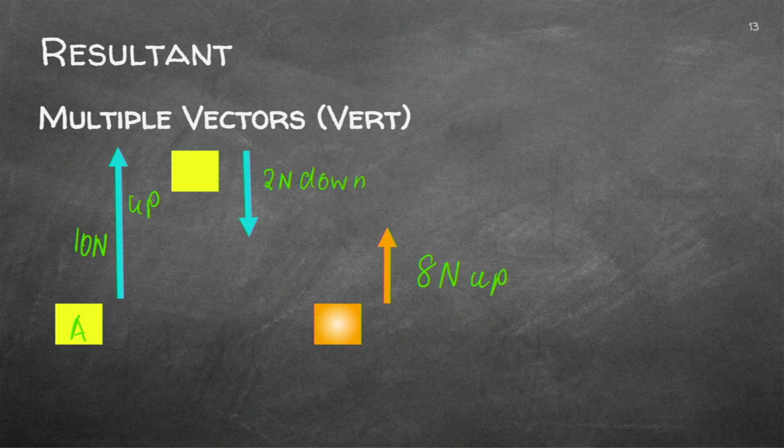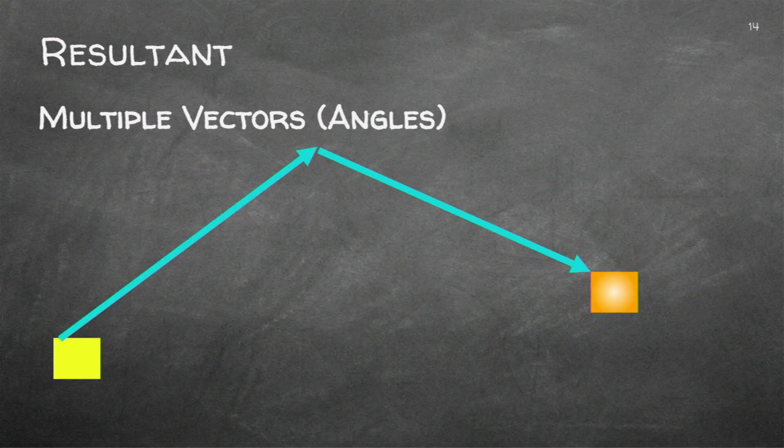Let me quickly explain. It was 10 newtons up minus 2 newtons down, which will give me a resultant of 8 newton. In which direction? In the larger direction, which means up. Up and down, vertical. Left and right, horizontal.